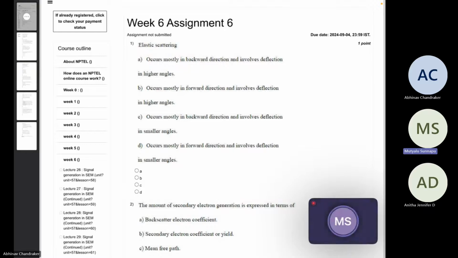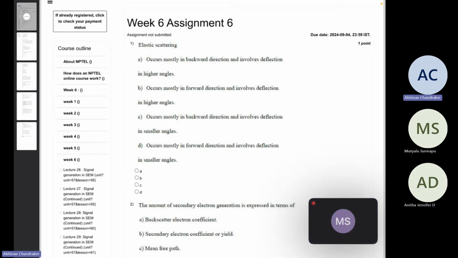That is week six, first question, no? Elastic scattering occurs mostly in the forward direction and involves deflection at higher angles.